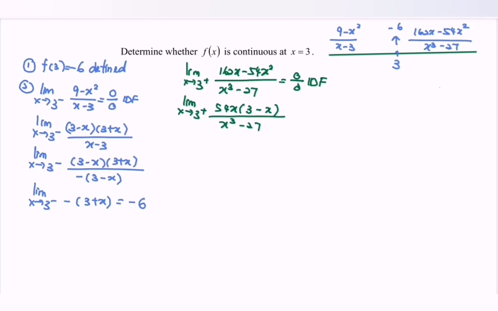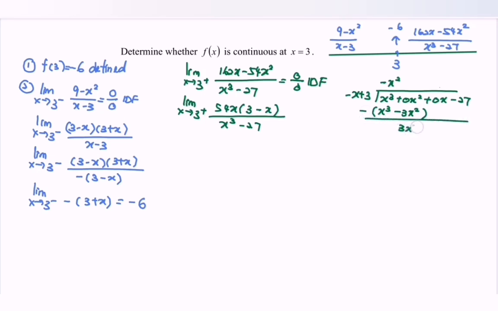My suggestion would be to make use of long division. So x to the power of 3 plus 0x squared plus 0x minus 27. Then we use negative x plus 3. So in here we have negative x squared. So x to the power of 3 and then minus 3x squared. Continue.